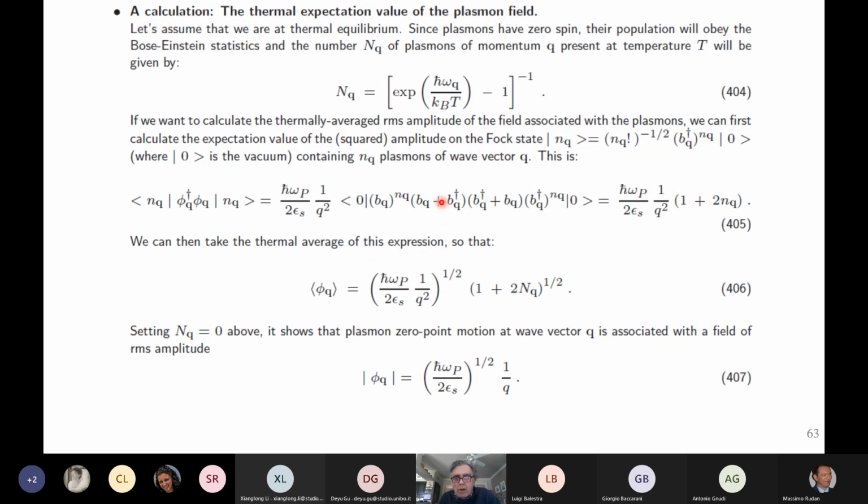So I'm only left with twice the terms, the cross terms, the B_Q B dagger and B dagger B_Q. I can anti-commute one of them to get a B dagger B, and I get a factor of 1.